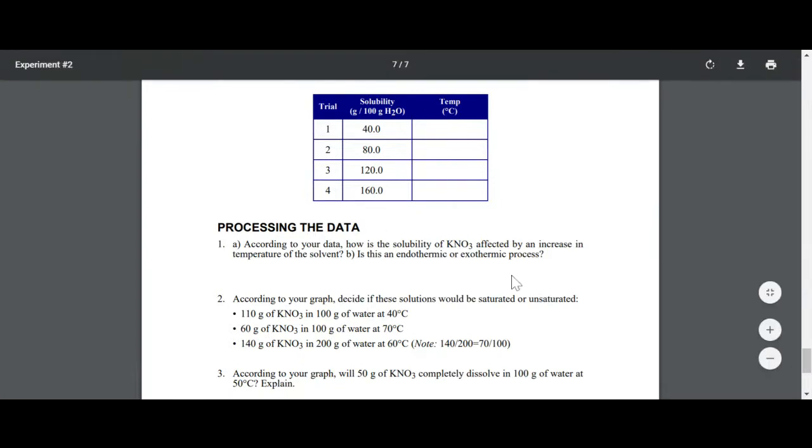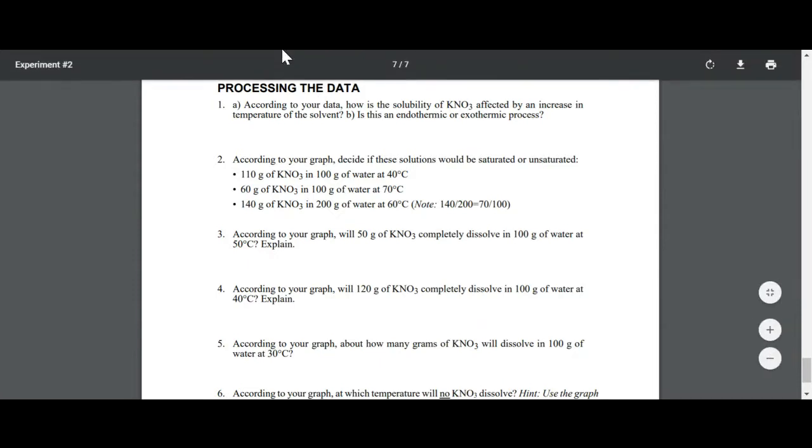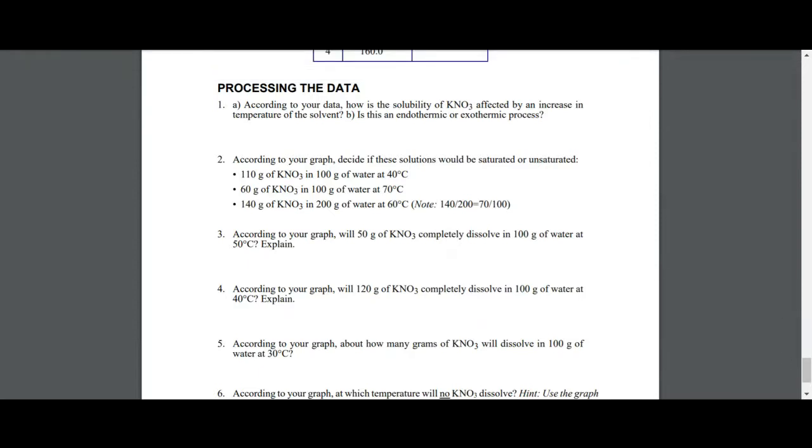Is this exothermic or endothermic? Then you plot the graph. Then you can answer these questions, whether it's saturated, unsaturated, or it's not. Okay, let me go back to see your questions.